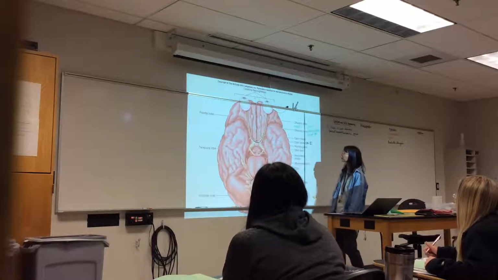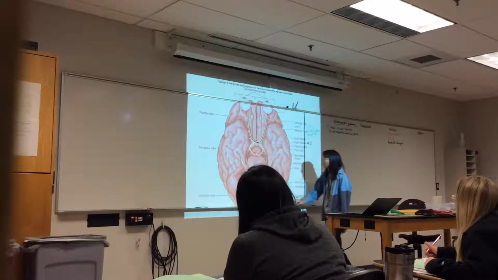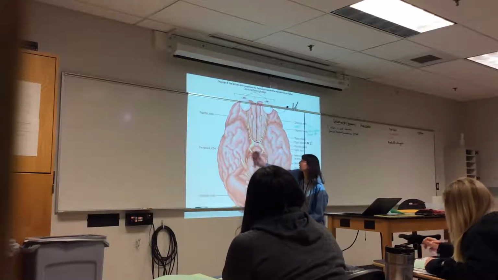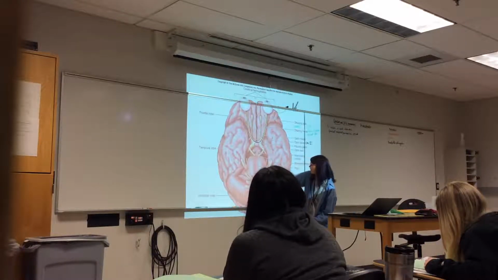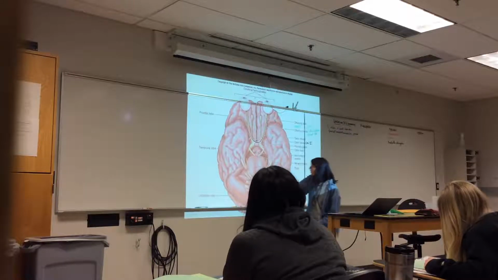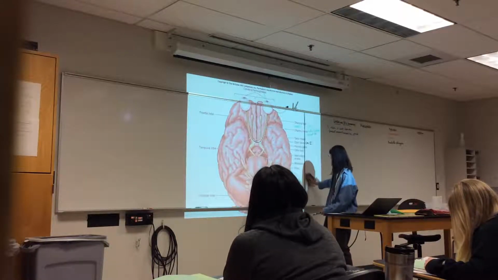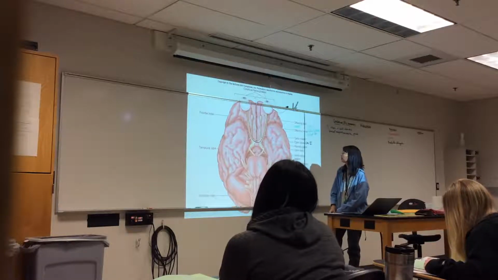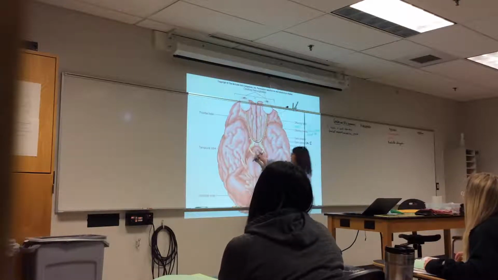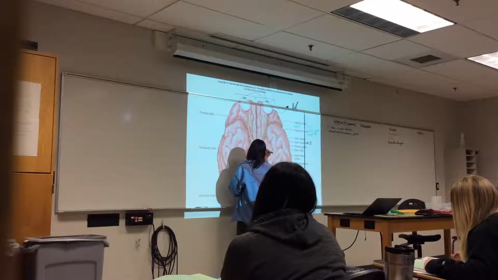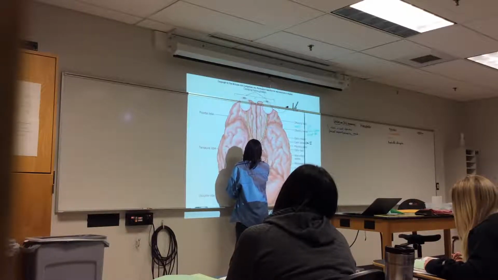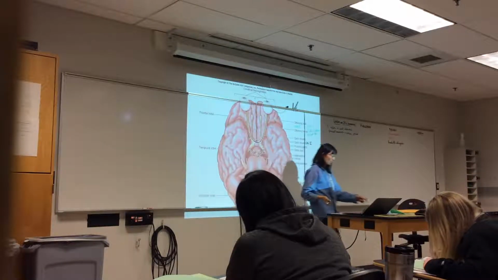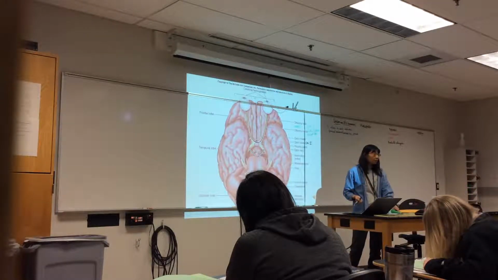Let's move on. Cranial nerve 3. Okay, I'm going to erase it. It's in the way. Cranial nerve 3 is this guy right here. And it's ocular motor. On your sheet, you can see ocular motor.